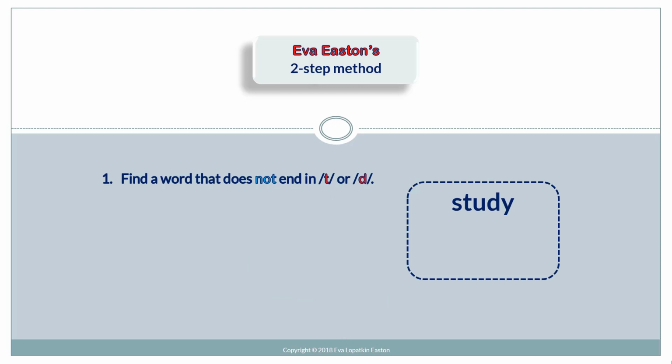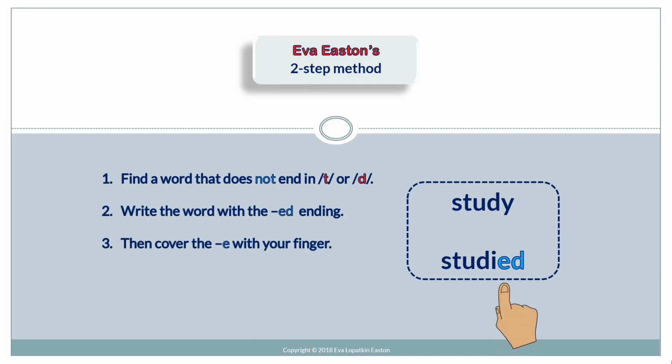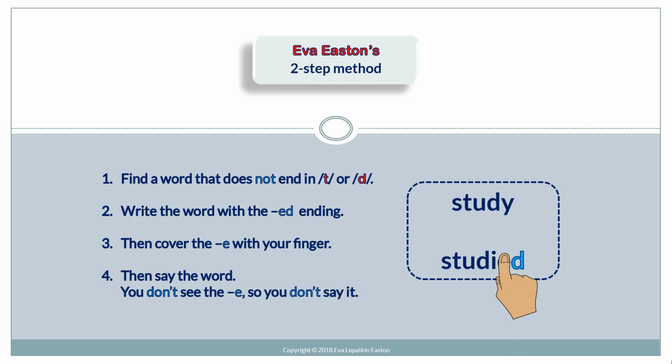In step 2, find a word that does not end in t or d. Study. Write the word with the ed ending. Then cover the e with your finger. Then say the word. You don't see the e, so you don't say it.